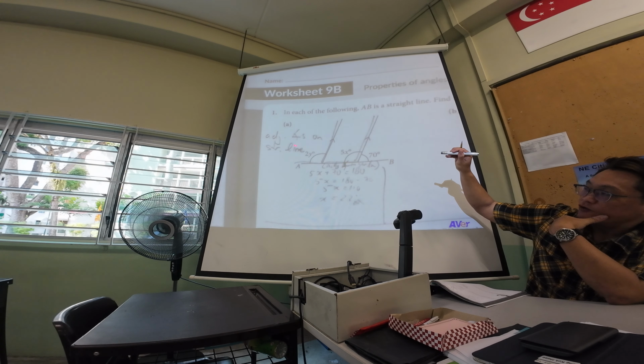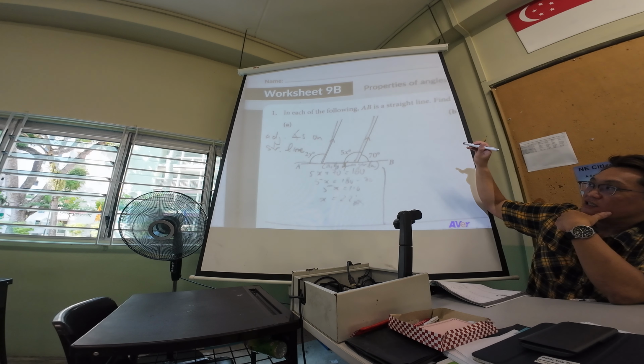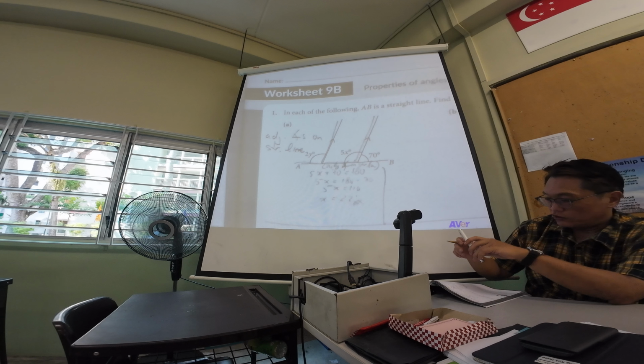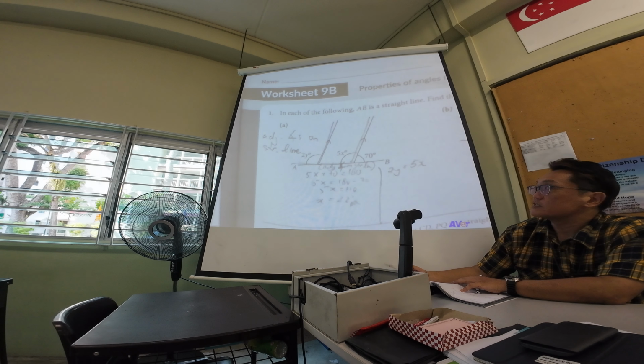Then when I want to find y, I must say that 2y is the same as 5x because of this corresponding angle. There is an F over here. So to find y, I will write 2y equals 5x.